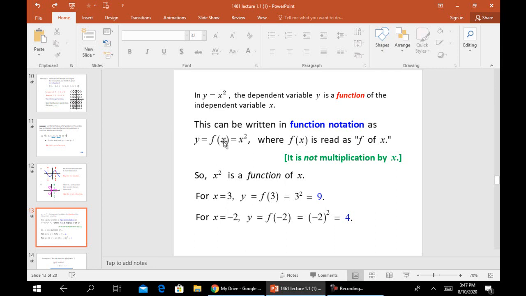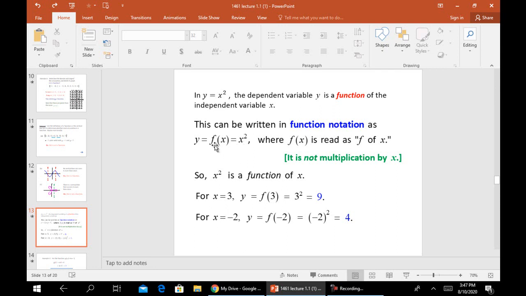If the input is x, then the output is the square of that. Notice that the output y is the square of the input x here. So this is again one more way of thinking about a function. Think of it as input-output pairs or an input-output process where each input leads to exactly one output.